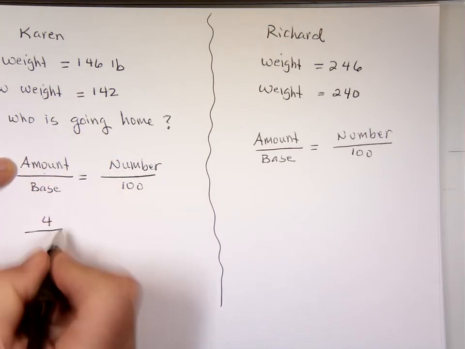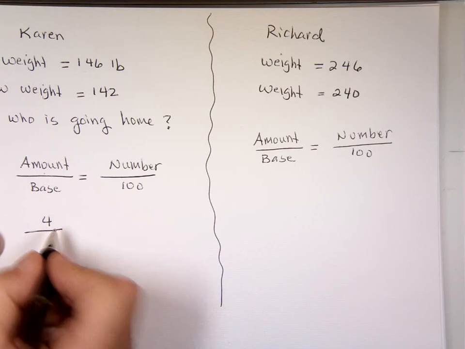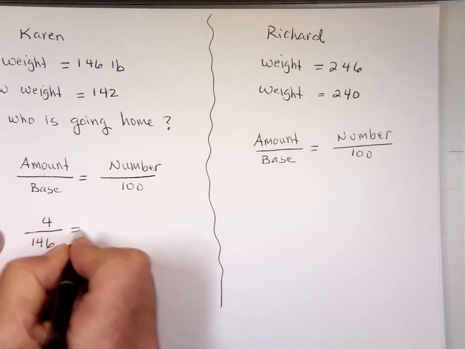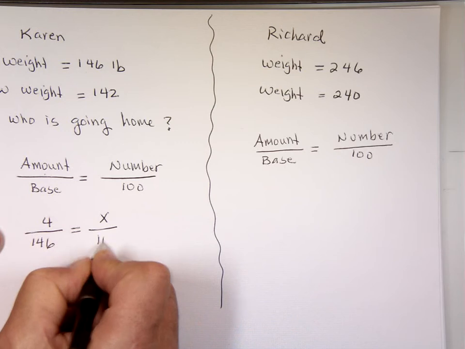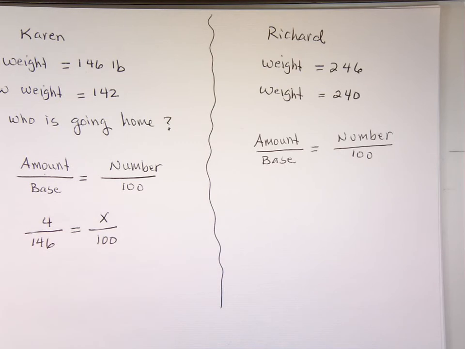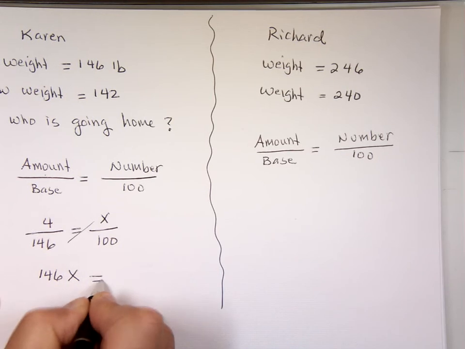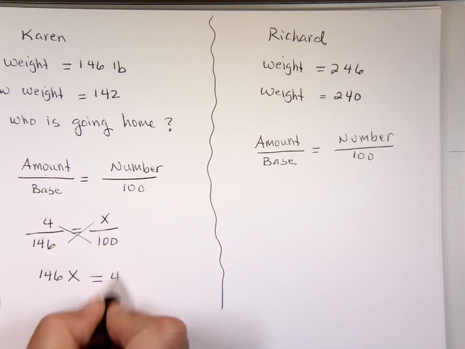What was the base? Karen's base. 146 is equal to x over 100. 146 times x is 146x. 4 times 100 is 400.